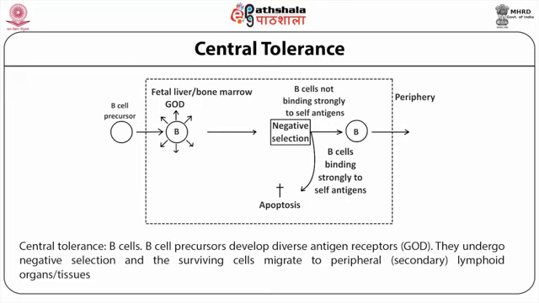Similarly, clonal deletion of the B cells with potential to attack self molecules or cells takes place through apoptosis. The surviving cells leave fetal liver or bone marrow and reach peripheral or secondary lymphoid organs and tissues. Also, immature B cells having receptors specific to self antigens can become unresponsive or tolerant or anergic.